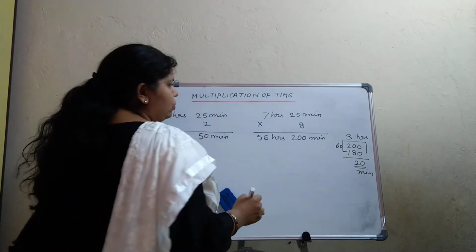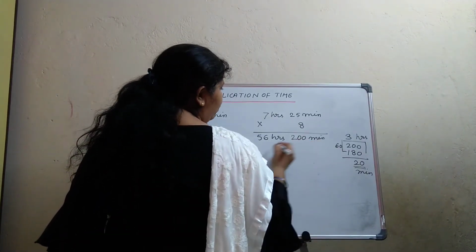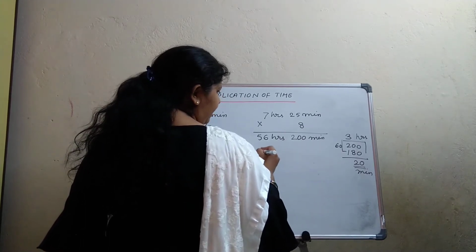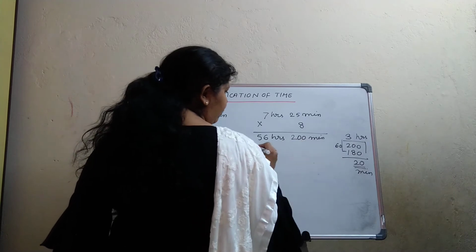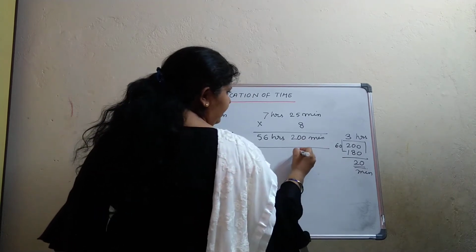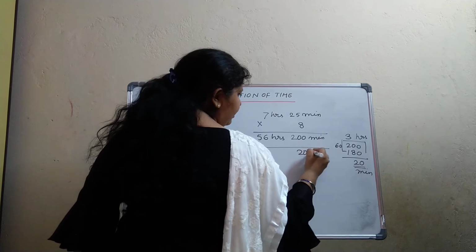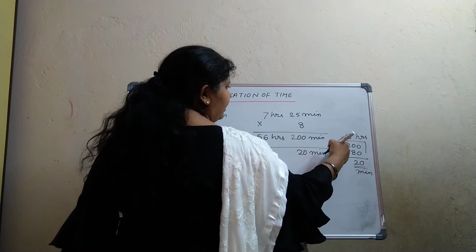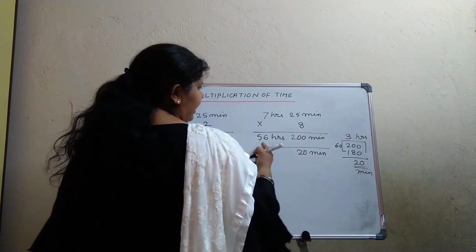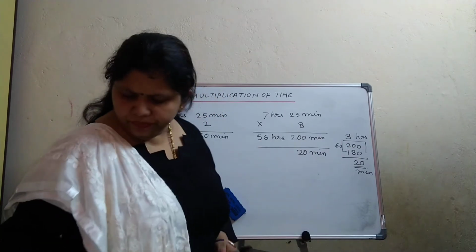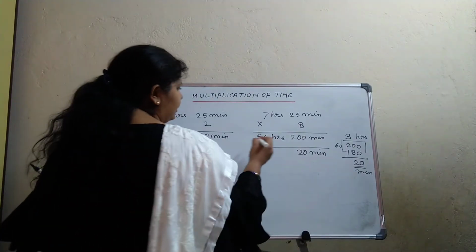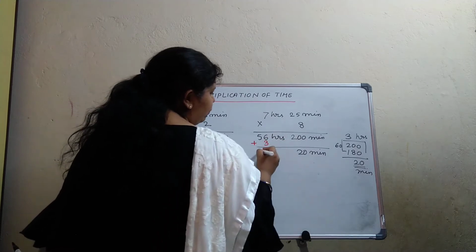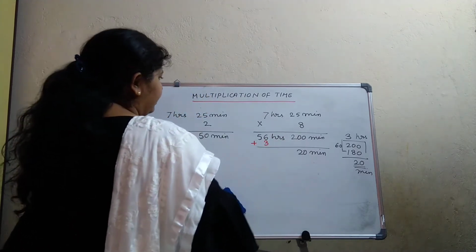Is it clear? So instead of writing 200 minutes here, I will write 20 minutes, and this hours part, the 3 hours that I got, will be added to the hours side. So it will change to 59 hours.